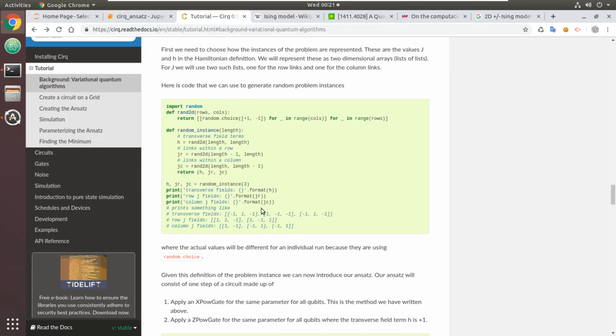So rows and cols. Yeah, so here you can see it does length minus 1. Length minus 1.